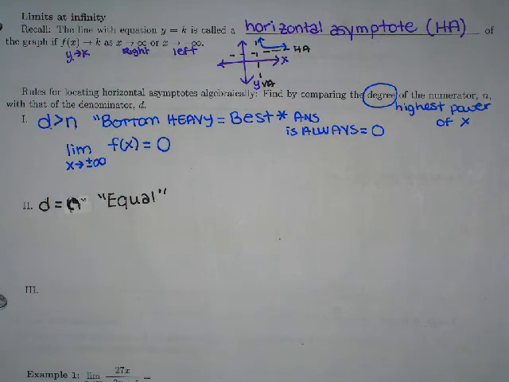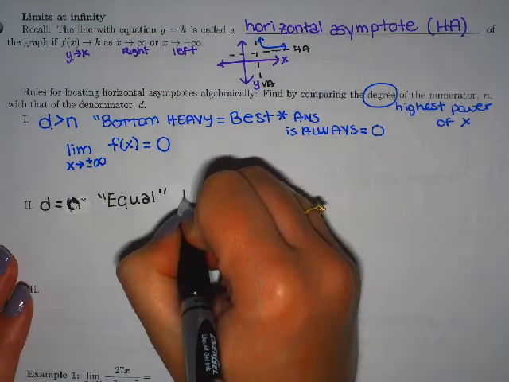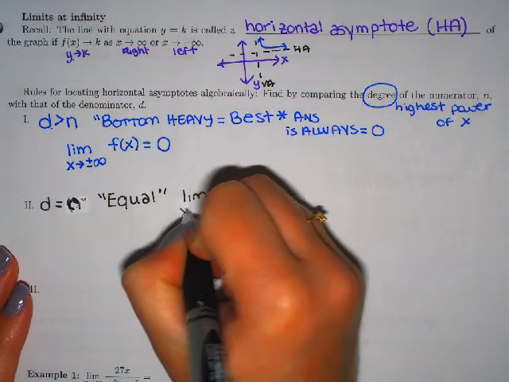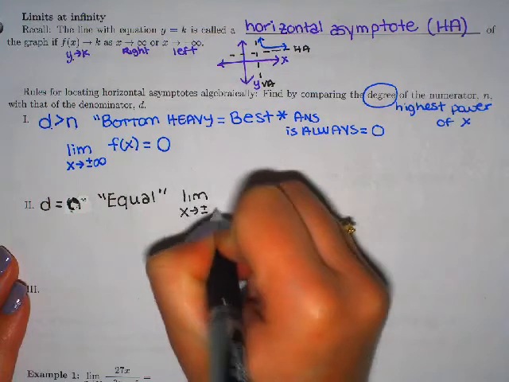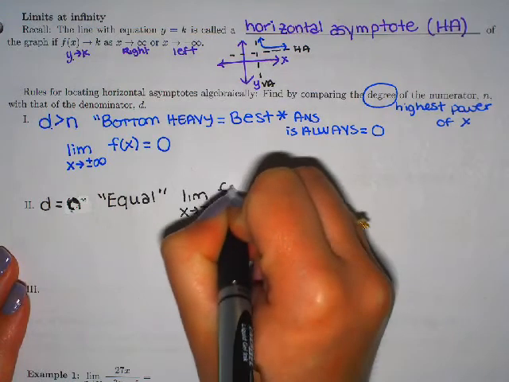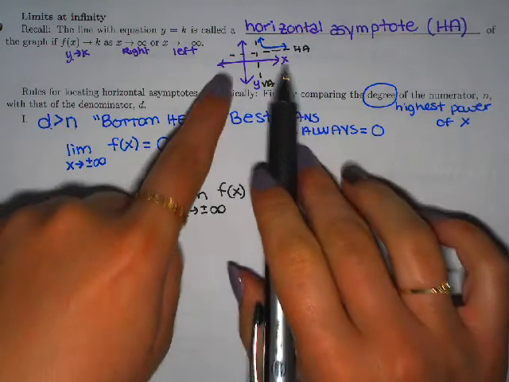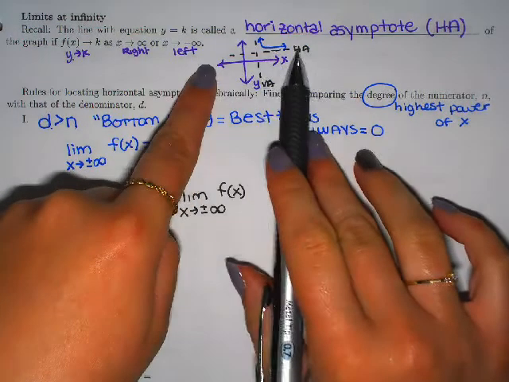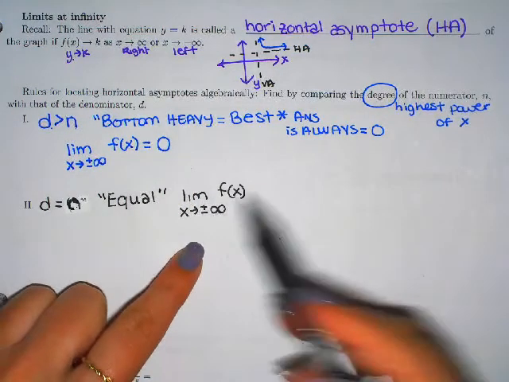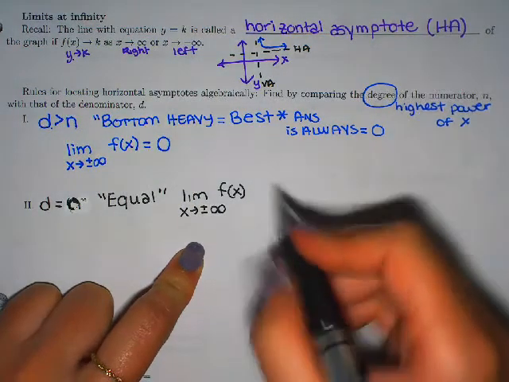They're both degree 3. If they're equal, then the limit as x approaches plus or minus infinity of f of x, or the horizontal asymptote, they're the same rules. That's how I review it, because as x goes out to left or right, you do get a horizontal asymptote.